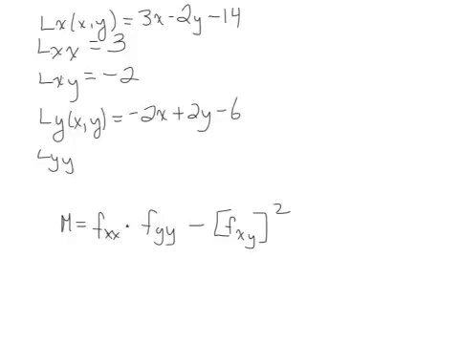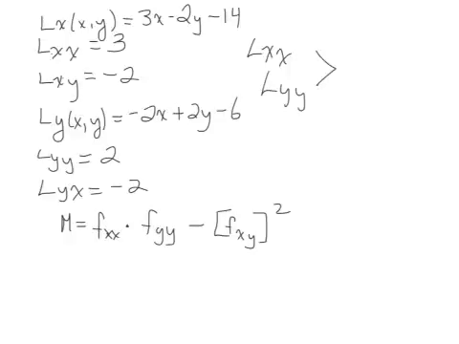Here we have Lyy, so second derivative using the first derivative y function with respect to y, that's +2. And we have Lyx, which, if the pattern follows, should be -2, and it is -2. And so we know that our Lxx and Lyy, they are greater than 0, so that means they're minimum. And we still should find our m value.